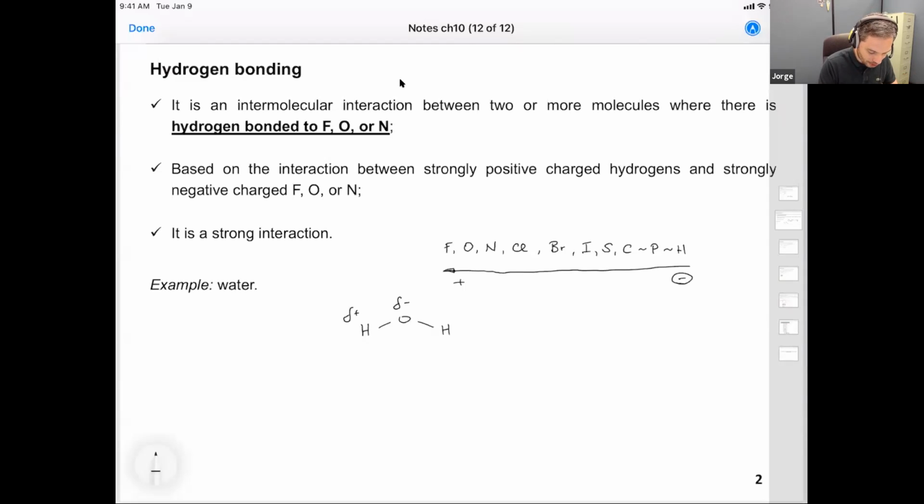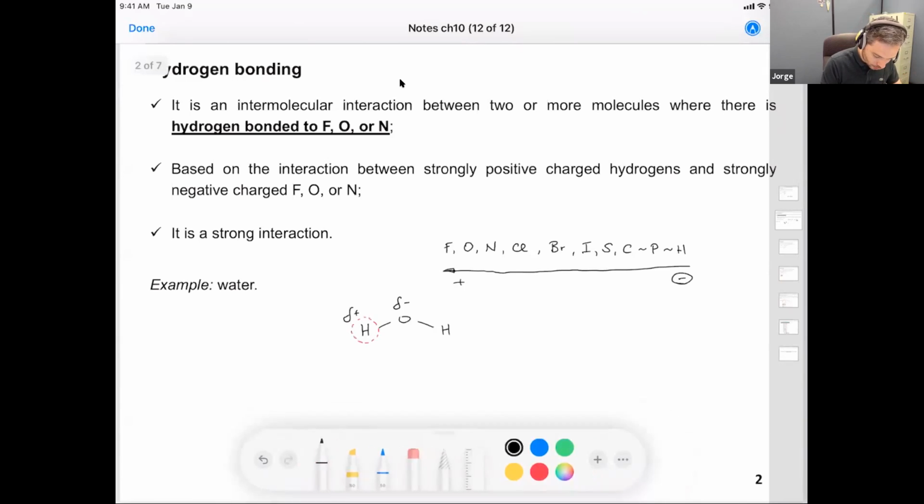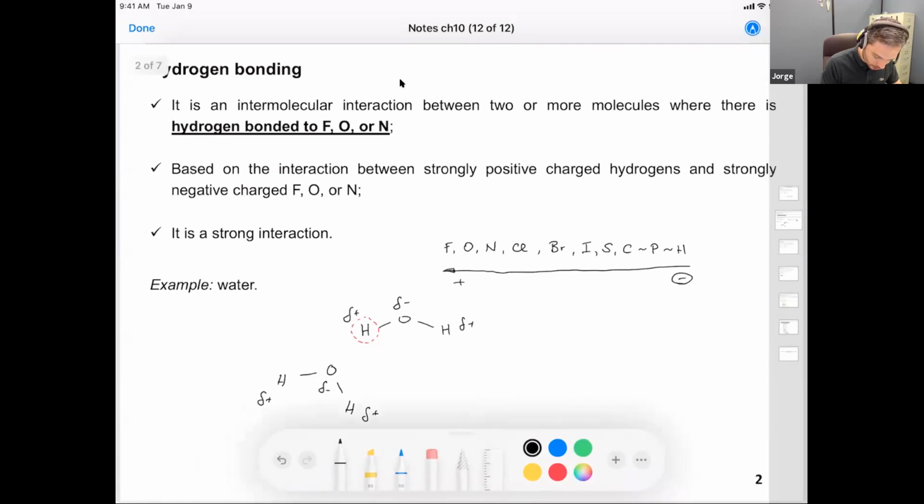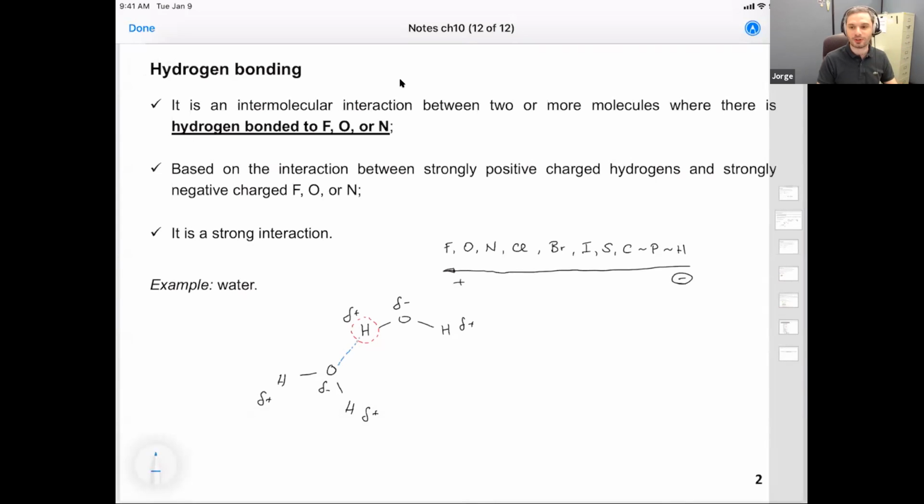So therefore, we create here a very strong dipole, and that causes this very positive hydrogen to interact with the oxygen from another water molecule.